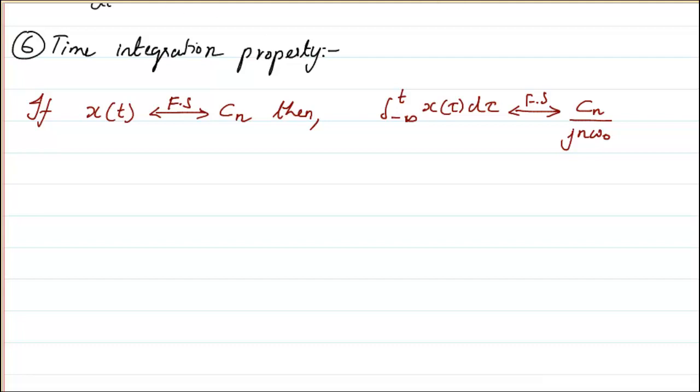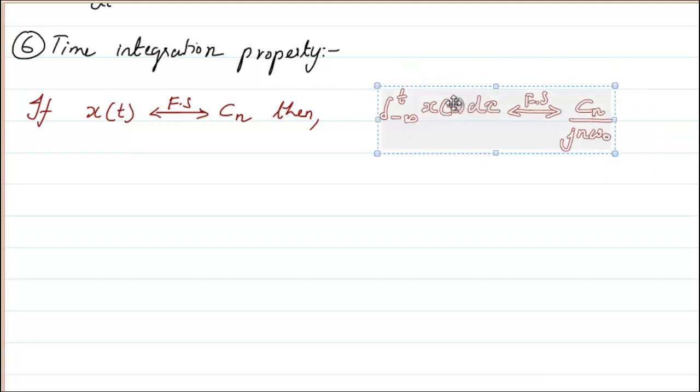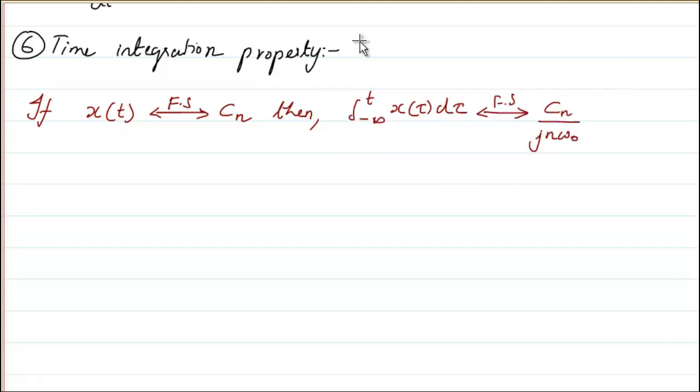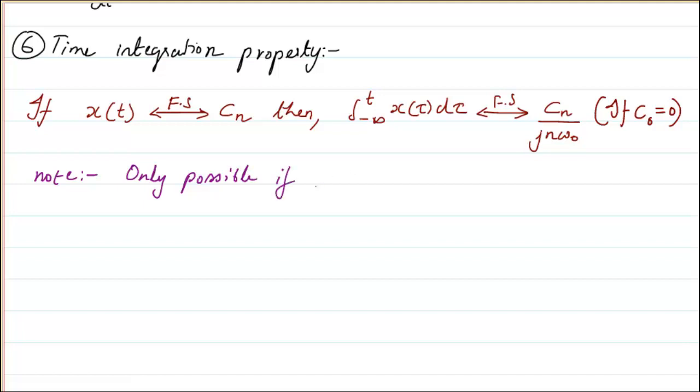But there is a small condition, and the condition is that this will happen only if C of 0 is equal to 0, which can also be written as, note, only possible if the signal has no DC value.